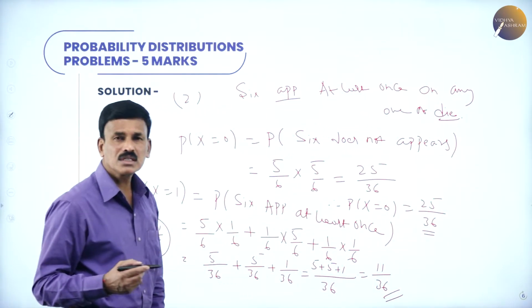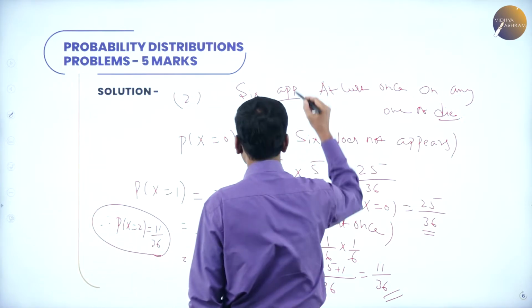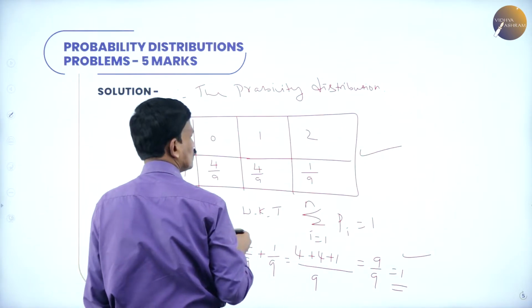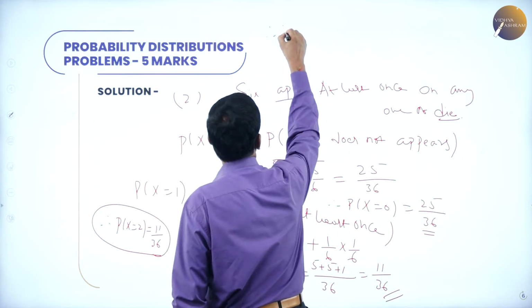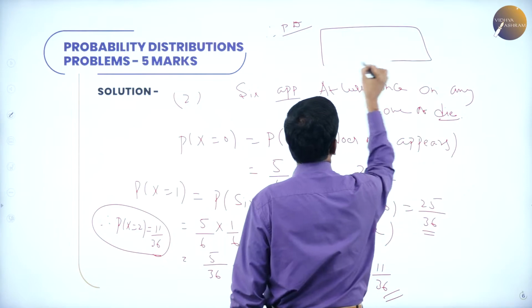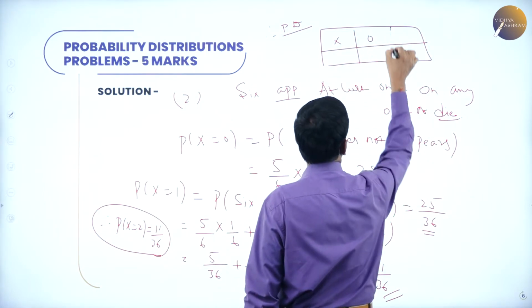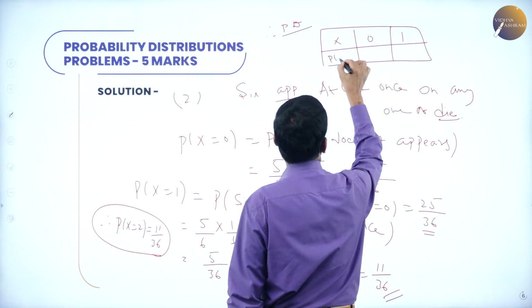Therefore, the probability distribution is like this. When x is equal to 0 and x is equal to 1, P of x.